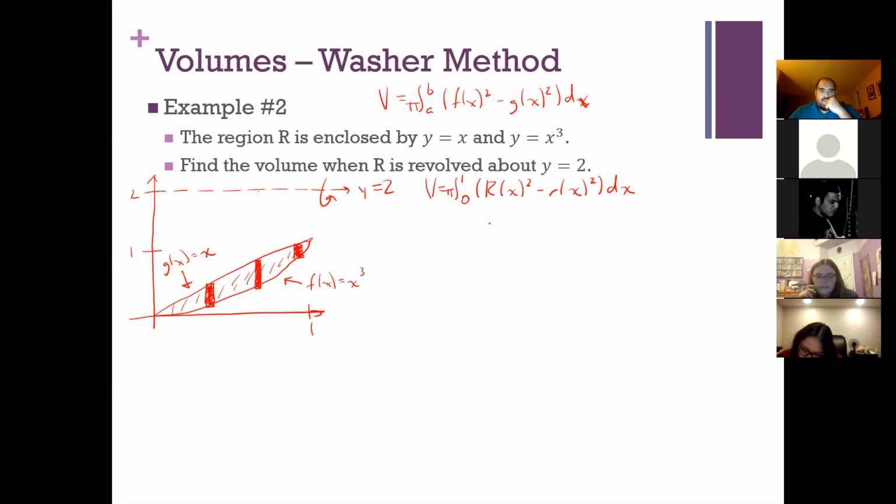All right. So let's talk about the outer radius first. And basically, that's going to be the distance from this horizontal line y equals 2 to the curve. So let's just do it like this for now. I want an expression for capital R of x, and I want an expression for lowercase r of x.